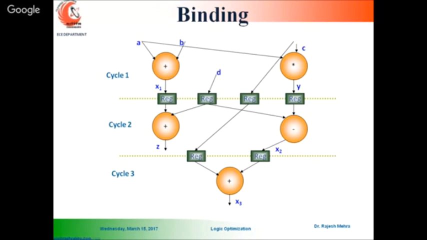So here you can see that there were 4 crossings between cycle 1 and cycle 2. So we are using separate registers for all those crossings. Means each register is responsible for storing that particular number separately. This is a non-sharing kind of resource allocation.